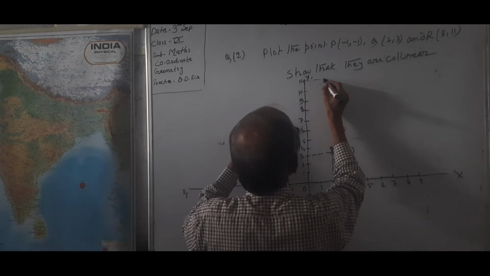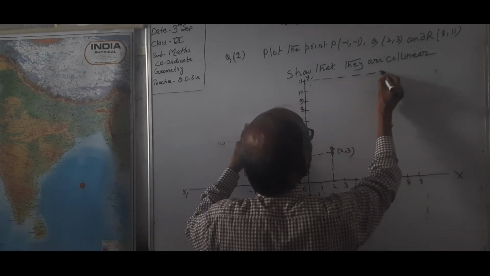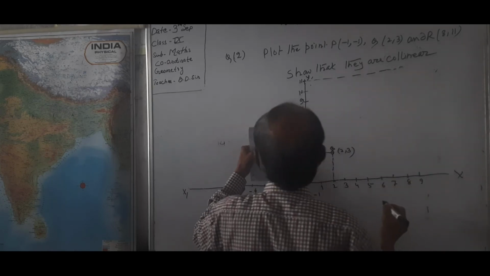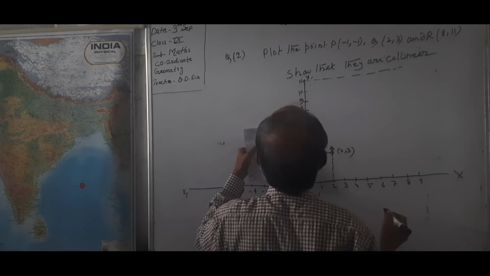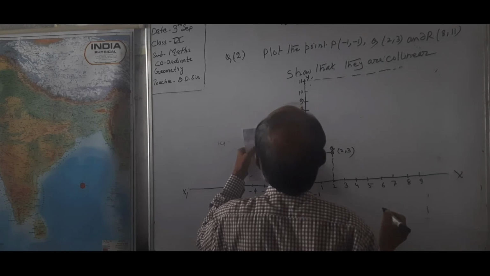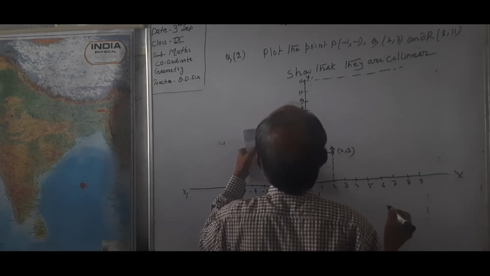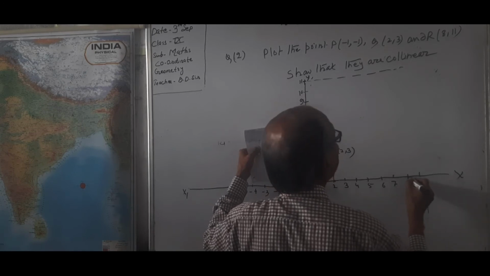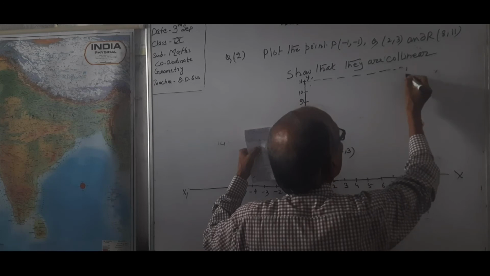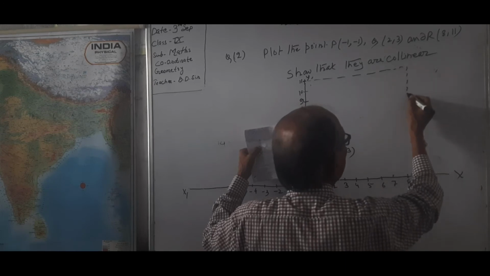From 8 on the x-axis, we draw a line perpendicular to the x-axis, and from 11 a line perpendicular to the y-axis.